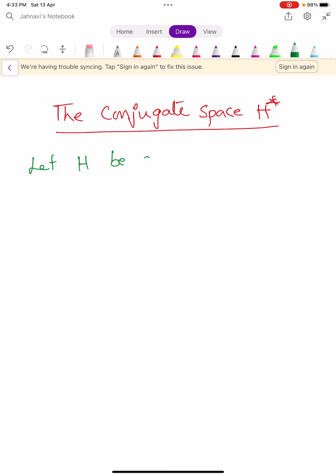Let capital H be a Hilbert space, and a continuous linear transformation F that maps capital H into capital C, where C is the set of complex numbers, is a continuous linear functional, or simply a functional on capital H.